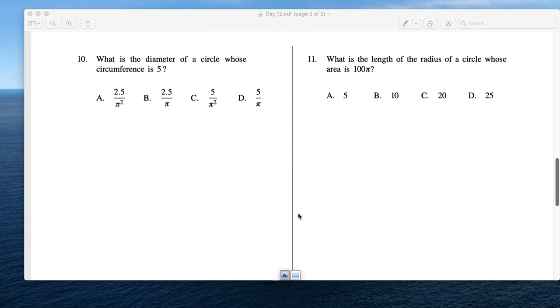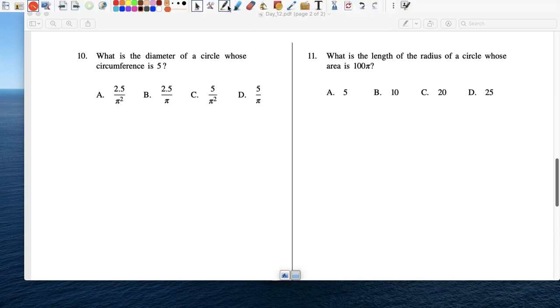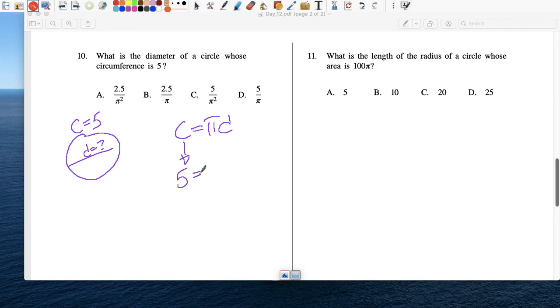Okay, so I guess this whole thing is about circles. What's the diameter of a circle whose circumference is 5 pi? Here's the circumference. We're looking for the diameter. Well, C equals pi d. The circumference given to us is 5 pi, equals pi times d.